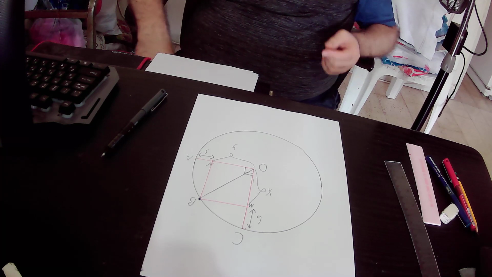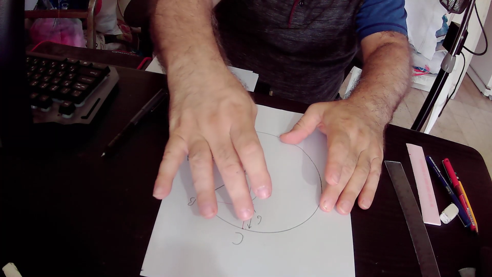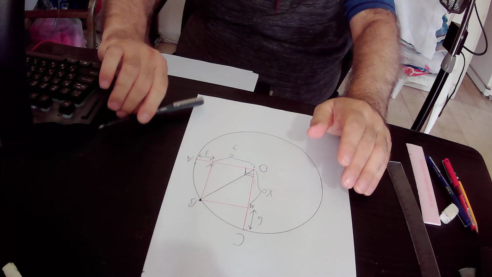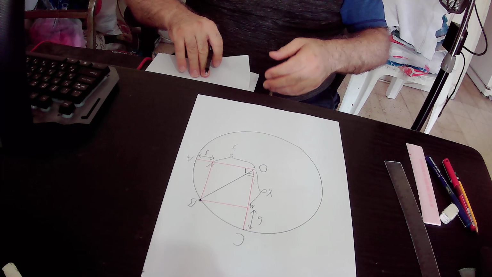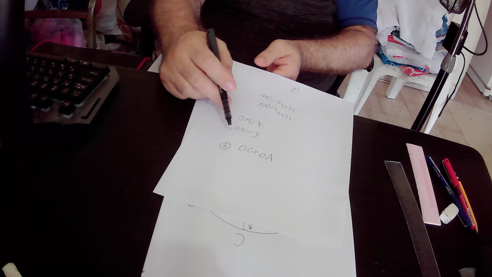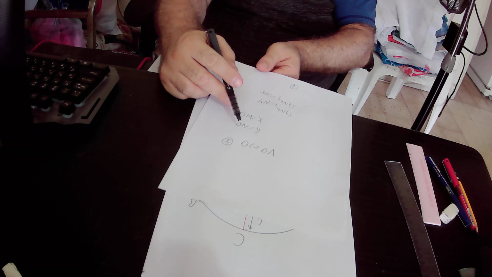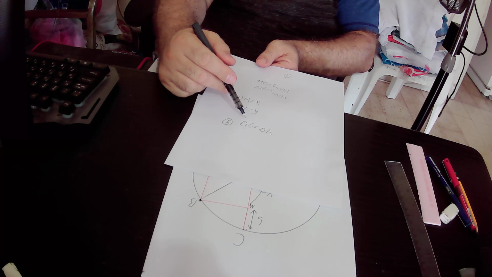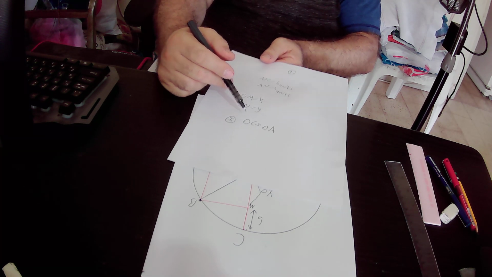But we know that OC equals X plus 6 units, so we can substitute OC in the first equation by X plus 6.